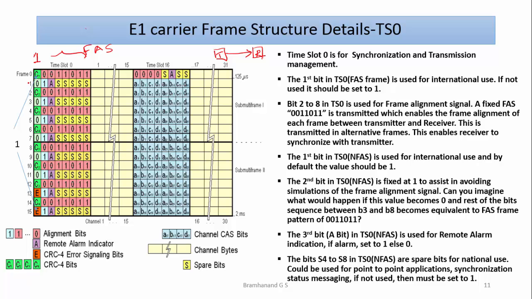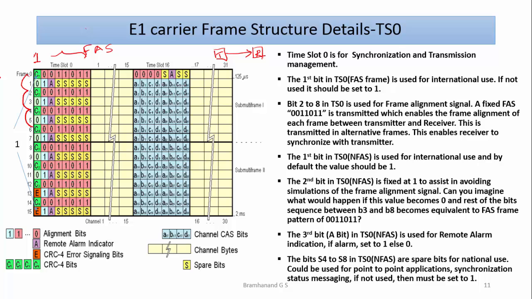And please note that it exists in alternate frames. We'll have 8,000 frames per second, and every alternate frame will have the frame alignment signal.